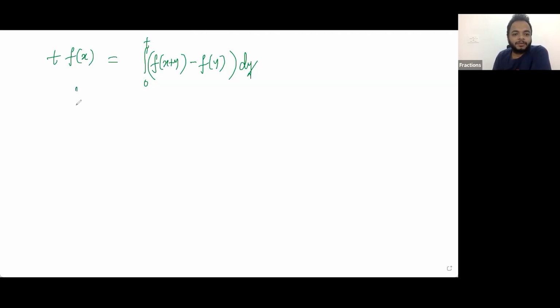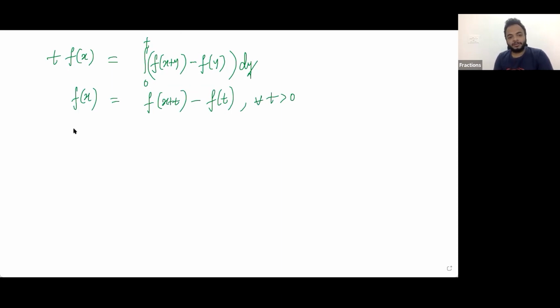So f of x will be treated as a constant here, and then you'll be getting f of x plus t minus f of t. And now notice that this happens for all t greater than 0.